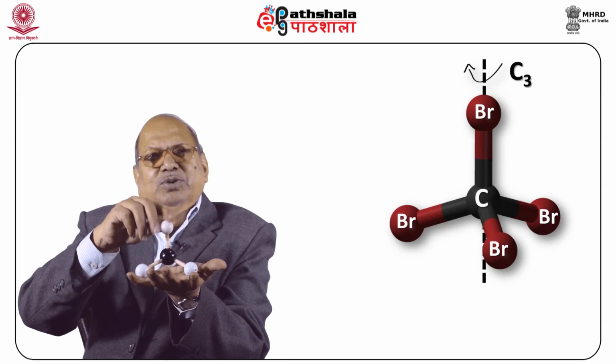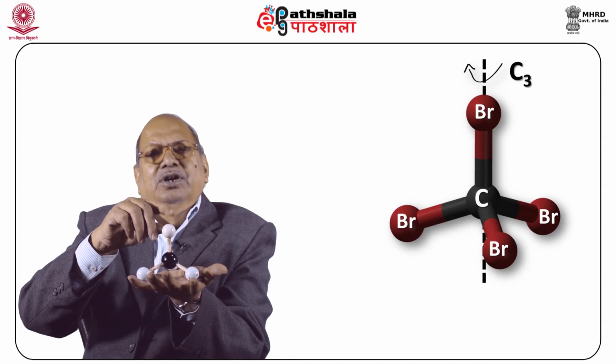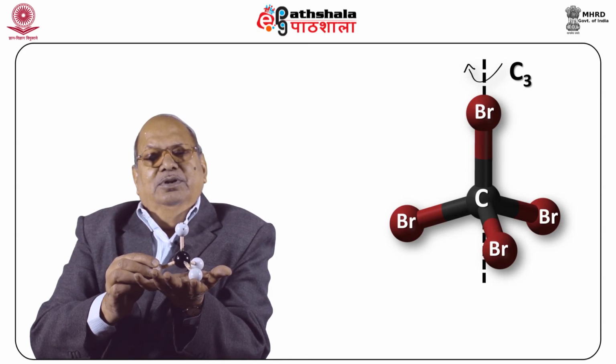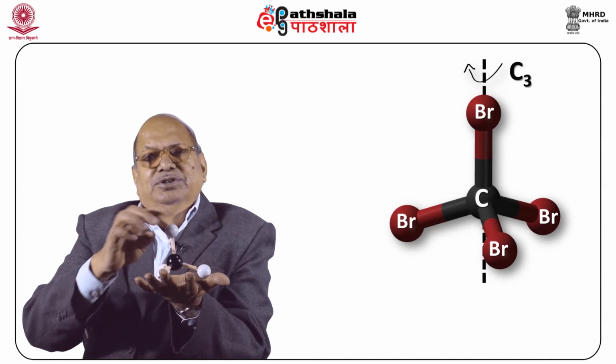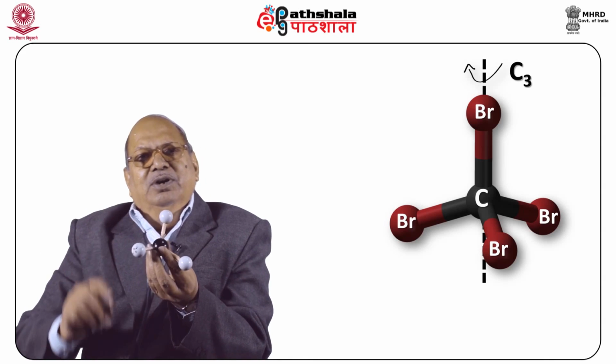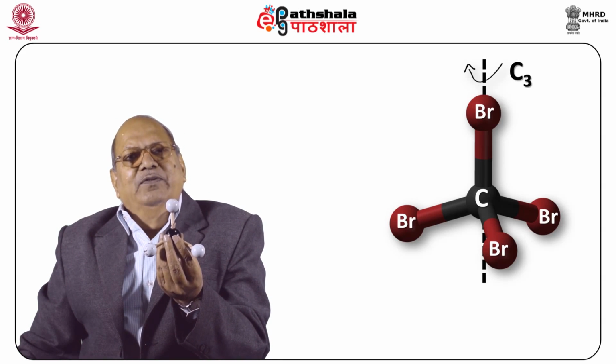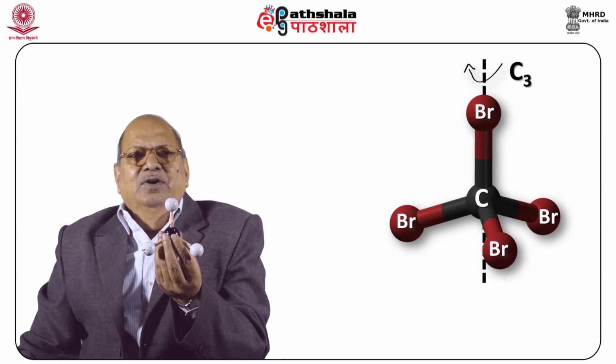How many such C3 axes do you find? There are 4 C3 axes in this molecule. If I put it like this, this is another, and so on. Now in this model I will use the 4 bond vectors as the basis for representation.